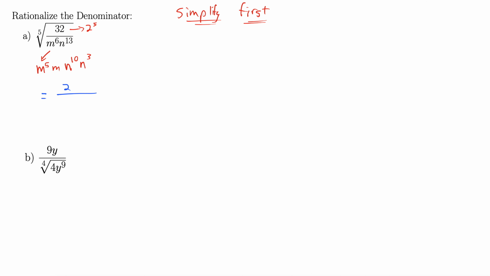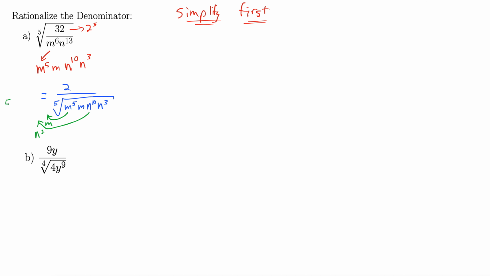Down below we have the fifth root of m to the 5th times m times n to the 10th, n cubed. Now we're taking the fifth root, so the m to the 5th becomes an m out front, because the fifth root of m to the 5th is just m. N to the 10th goes out as an n squared. Why?